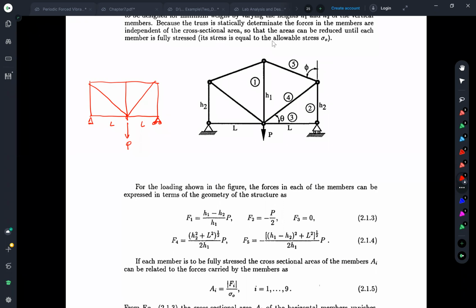The cost of the steel depends on the weight, not the volume. Actually, the volume and the weight are the same because the density is fixed, right? But not the length, not the other dimension. They will ask you about the weight, and that will compute the cost. So in other words, this question tries to minimize the cost as well, even though they say the weight.